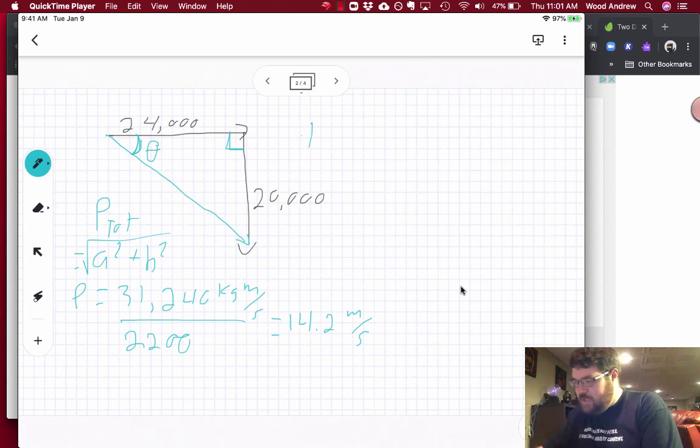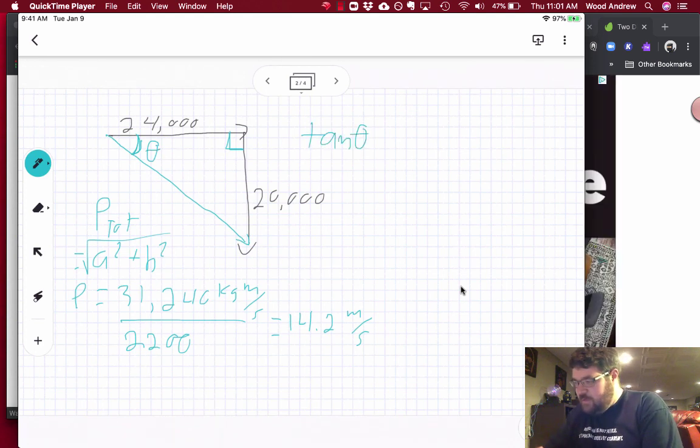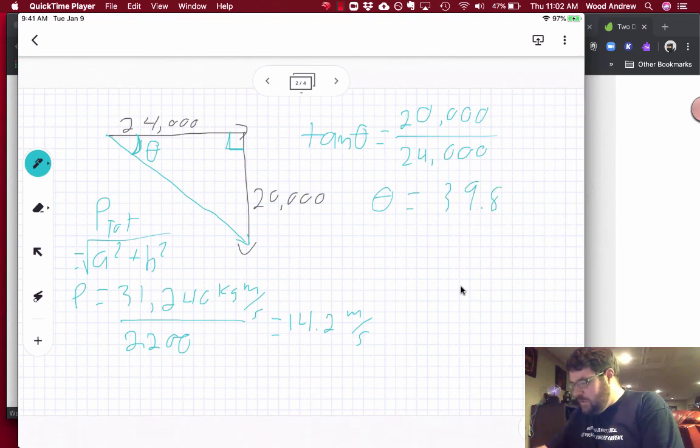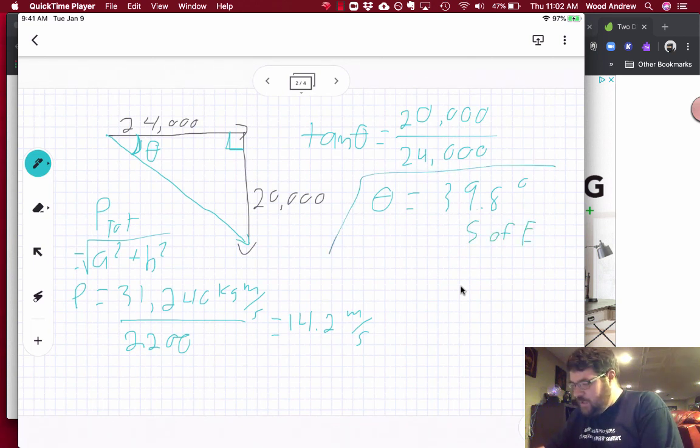The tangent of theta is going to be the opposite over the adjacent. So theta is then 39.8 degrees, and that would be south of east. So those two combined is your answer.